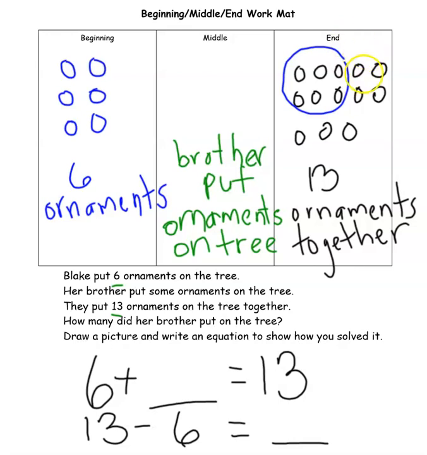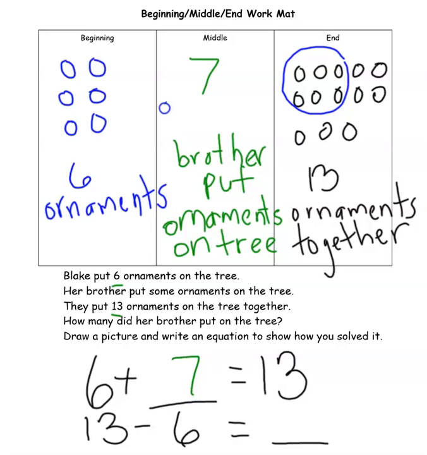Let's look. 1, 2, 3, 4, 5, 6, 7. The brother put on 7 ornaments. Because 6 plus 7 is 13.